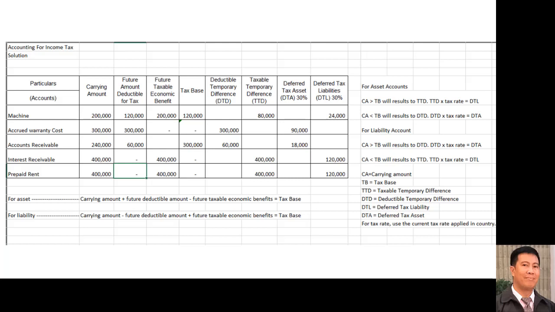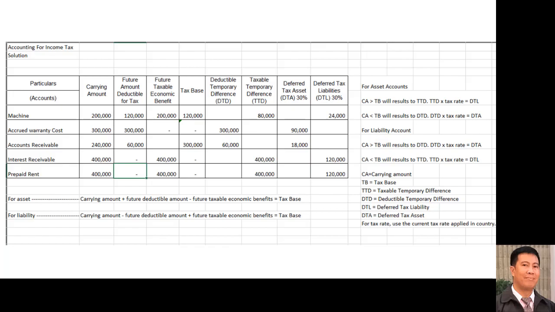If accrued warranty cost as per the IRC, or in Australia the ATO, should not exist, the tax base should be what? It doesn't exist, so nil, right? Are we clear on using logic so that you will know the tax base? We'll try to do that even if we are not using the formula.